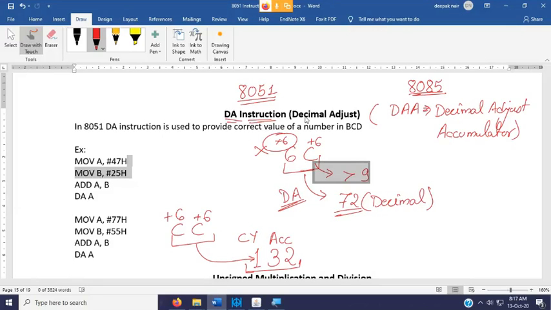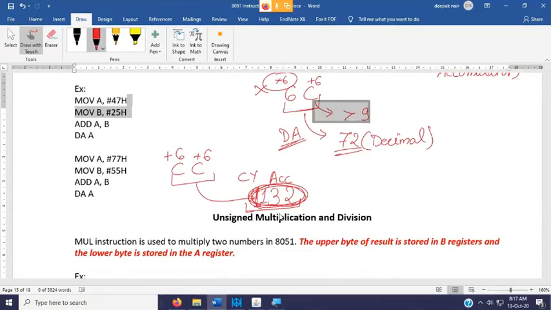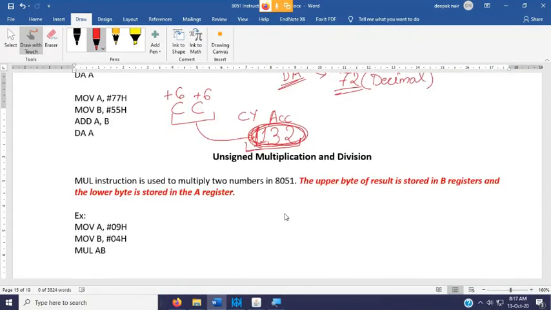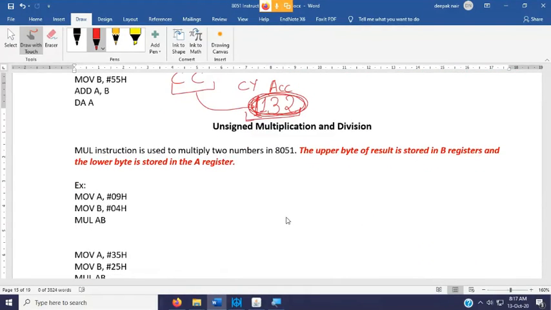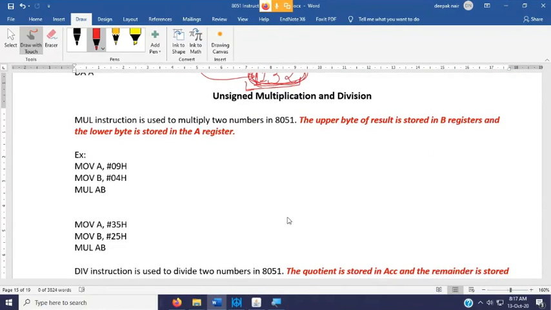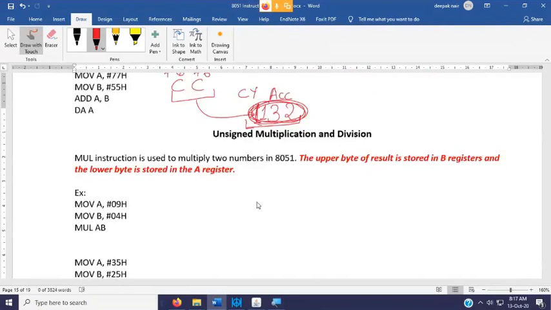For example, we generally don't deal with CC and all these things. We generally work with 132. So if you need to read the number as 132, you just have to pass a command DA. So wherever you need to convert a number to its equivalent decimal, remember, use the DA command.